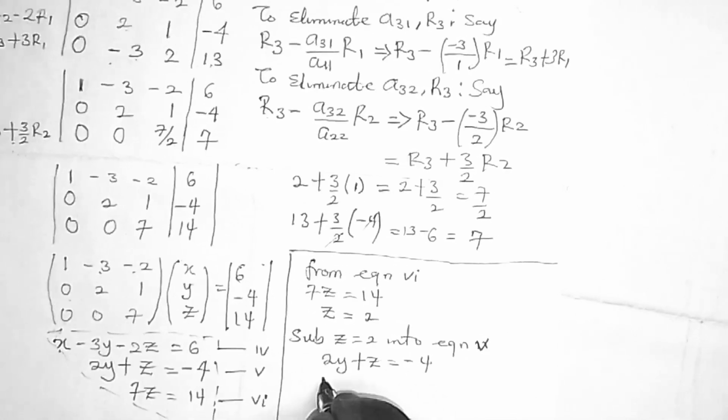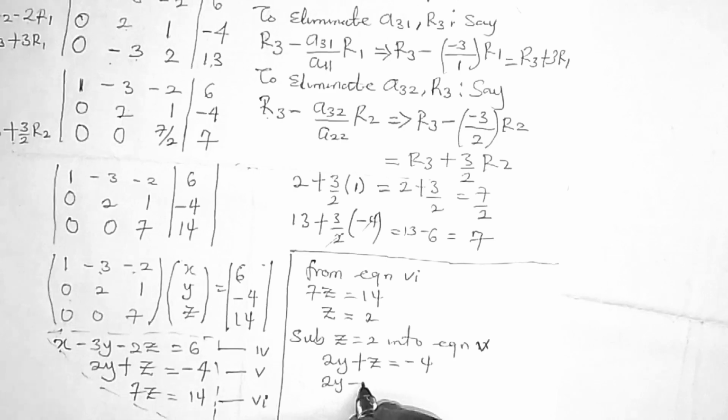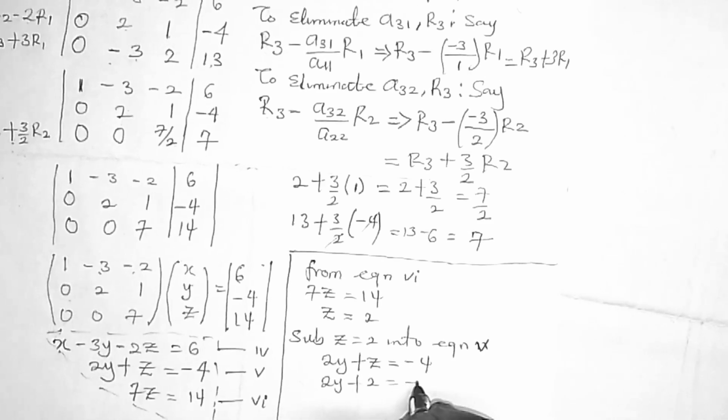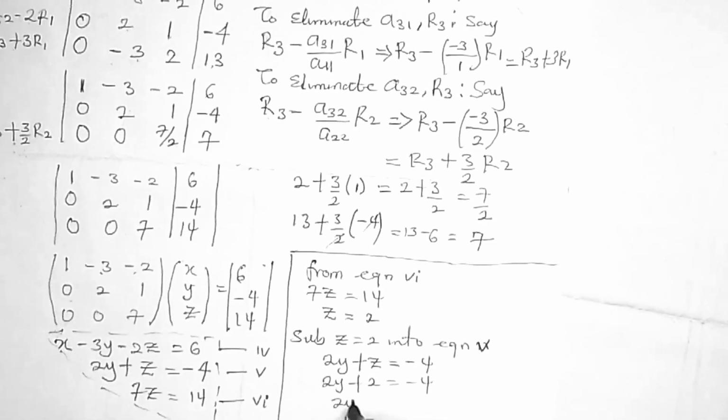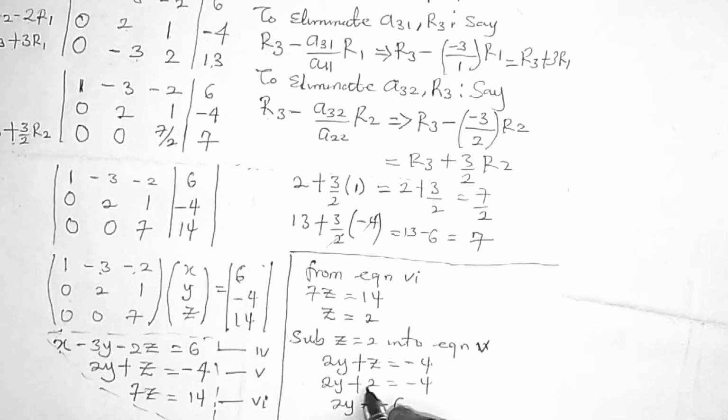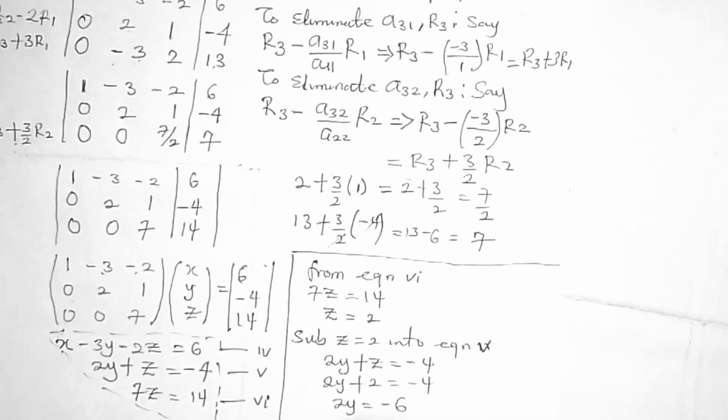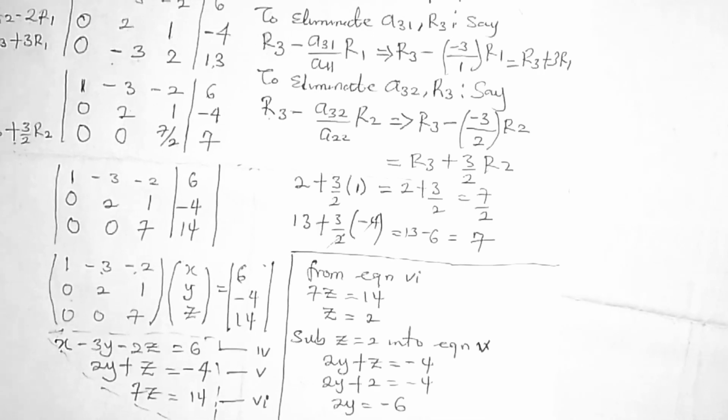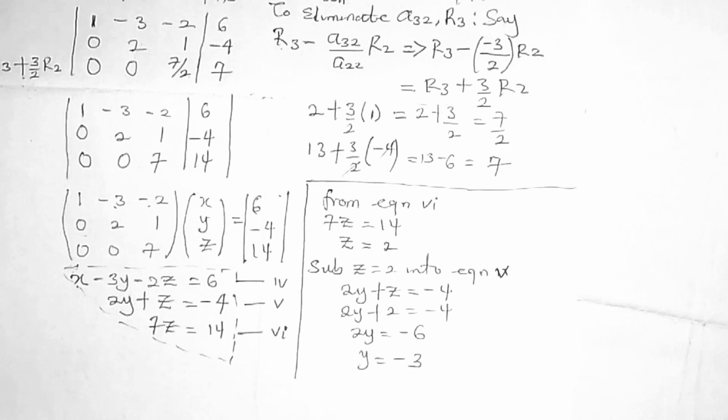Minus 4. So that will give us 2y plus 2 equal to minus 4. And we have 2y equal to what? Minus 6, because this will go to this side, become minus 6. Y equal to minus 3. Are you seeing that now? So our y is equal to what? Minus 3.